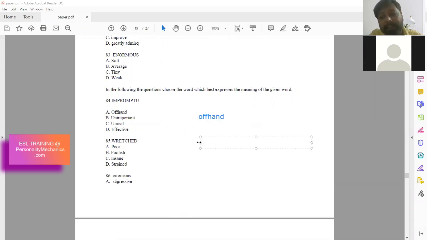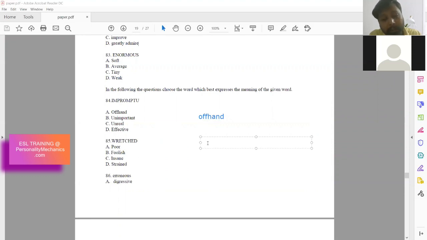Next is wrecked. Now wrecked means to feel bad. Wrecked means to be in a state of sorrow, I would say. To be broken, right? So it's mostly emotional and psychological. Then I've got words like poor, foolish, insane, and strained.